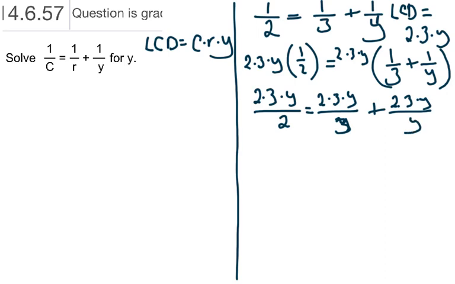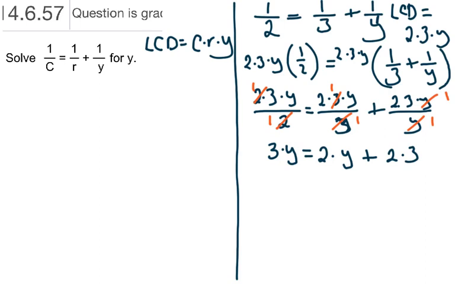And the result here is that we want to go ahead and simplify what they have in common. And if you don't get factors that simplify, we haven't really truly multiplied by that LCD. So what we're left with is just 3 times y equals 2 times y plus 2 times 3.